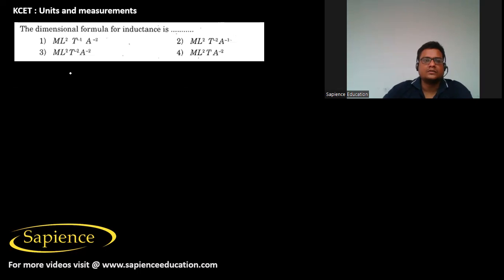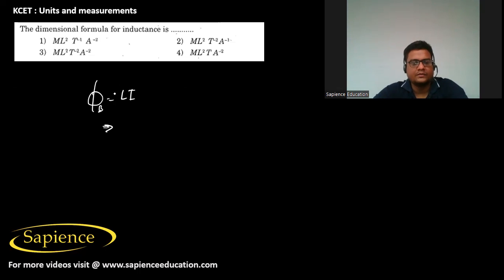Then it is asked to find the dimensional formula for inductance. So phi B equals L i, and phi is equal to B into A, magnetic field into area. Okay.